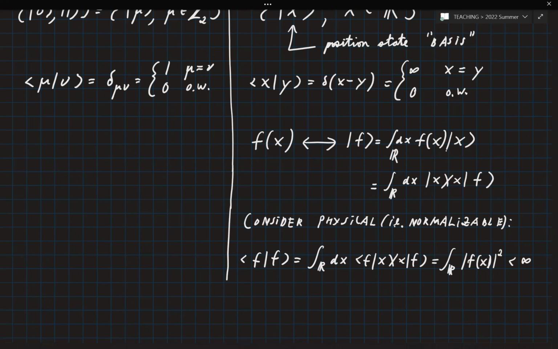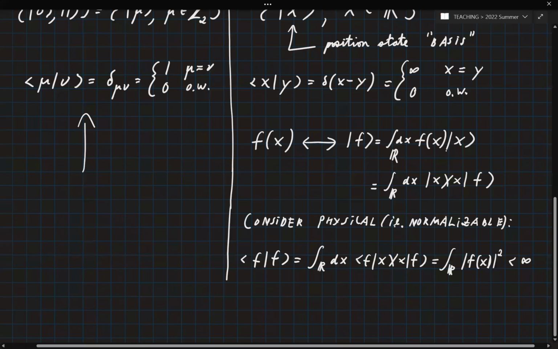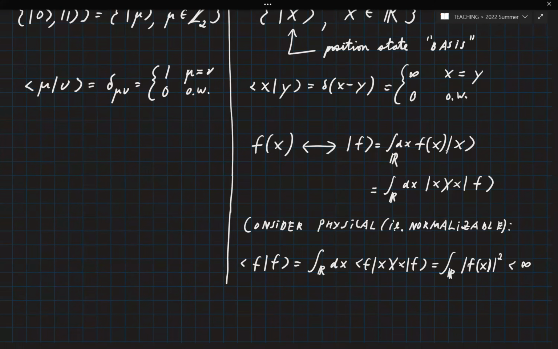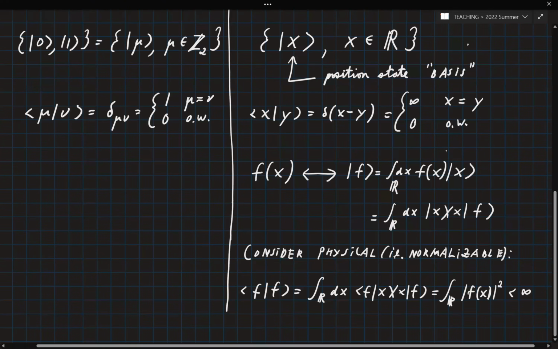So this is nothing but the space of square integrable functions on the real line. And you can likewise think of this space over here as the space of square integrable functions on the group Z2. So in that analogy, let's jump now to using this basis to construct our favorite codes.